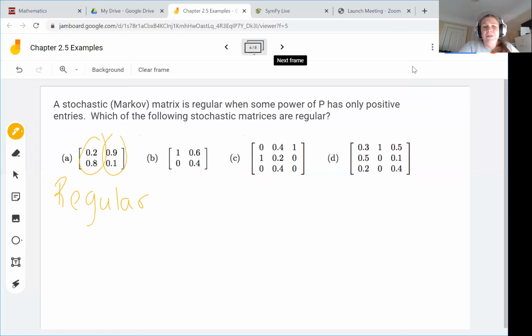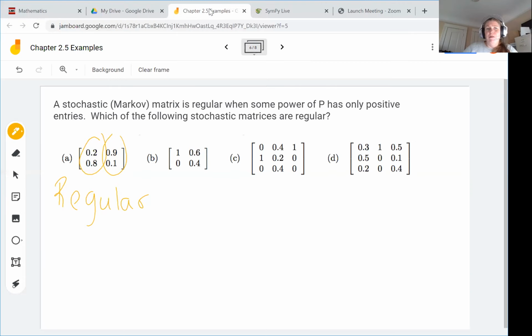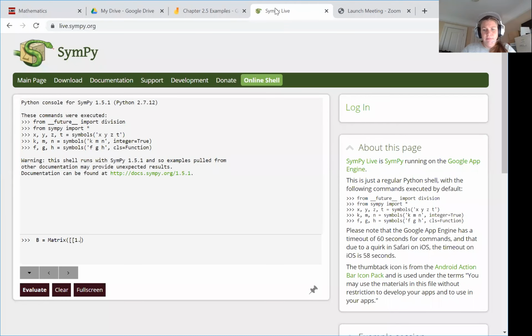All right, matrix B has a 0 entry. It is stochastic because all the columns sum to 1, but we need to check whether we can get a power where there are only positive entries, no 0 entries. So I'm going to enter matrix B over here in SymPy. We'll say B equals Matrix, and the values in the top row are 1 and 0.6, and in the second row, the values are 0 and 0.4.